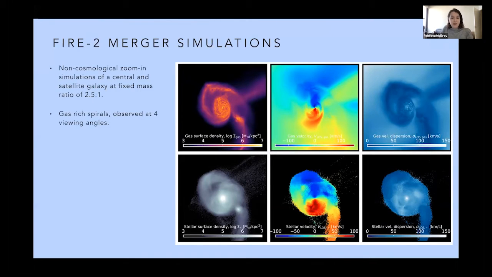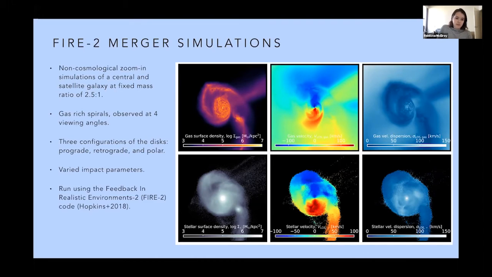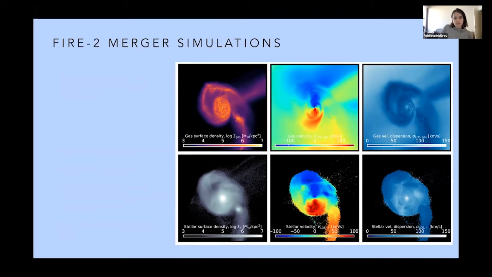They're gas-rich spirals, and we observe them at 4 viewing angles, and we have 3 configurations of the alignments of the disks, and also varied impact parameters to see how that plays into it as well. And we also have a control suite to go along with this.